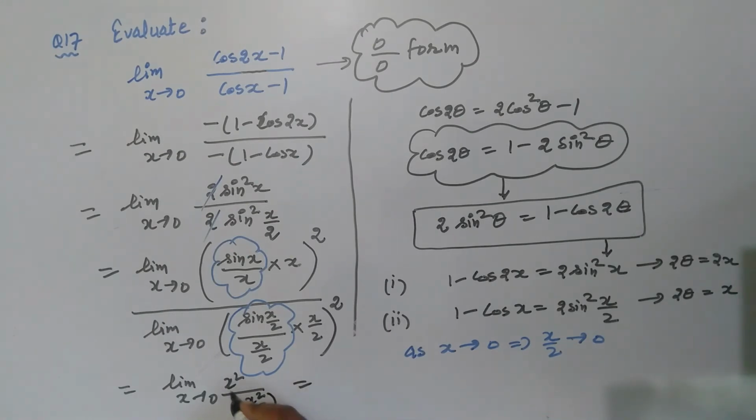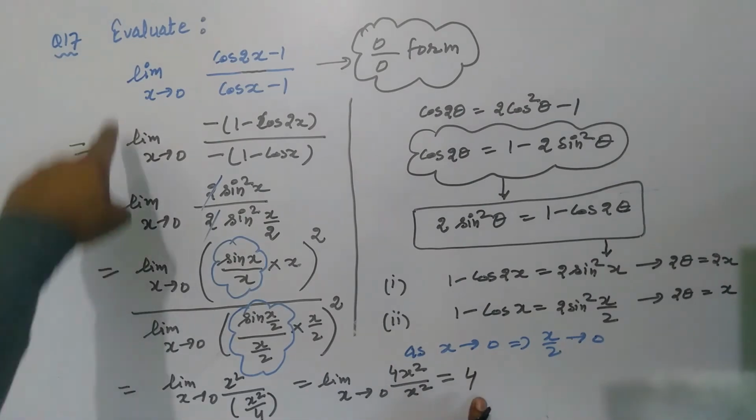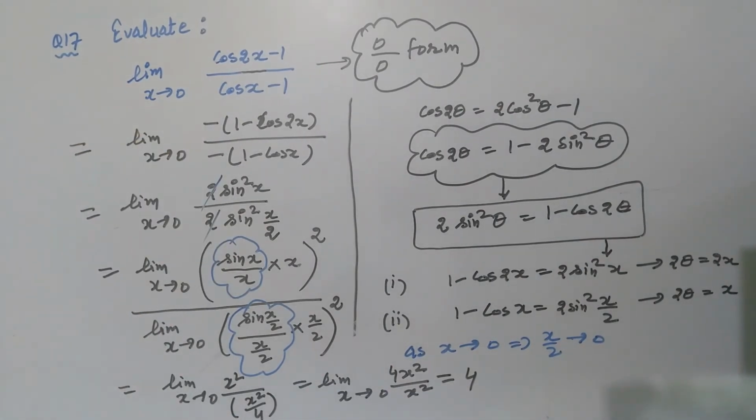So further we can write limit x approaches 0, x square, this 4 goes in the numerator, 4 upon x square, x square cancelled, only 4 is the limit to the given question, right? So this was our question number 17.